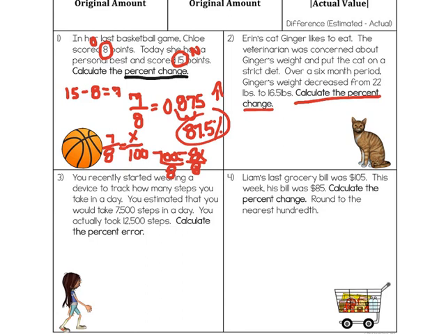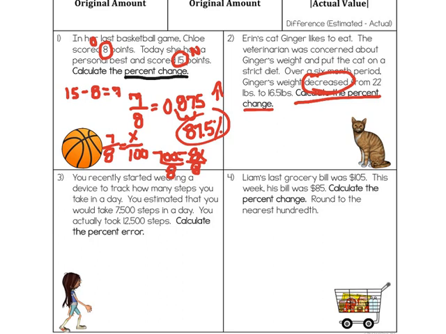So I want you to answer the question. Is this percent of change going to be an increase or a decrease? Okay, hopefully you guys got the question right because it says decreased right here. So it did decrease.